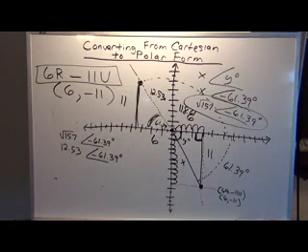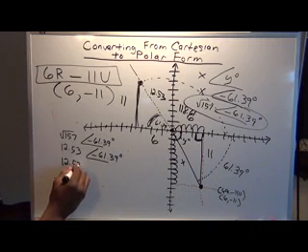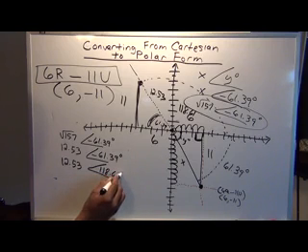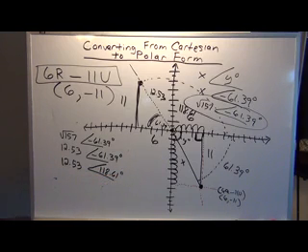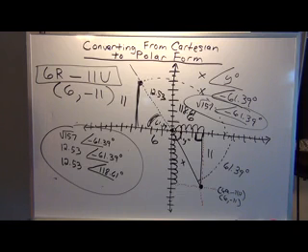So 12.53, and then a positive 118.61 degrees, and there you have converting from Cartesian to polar form.